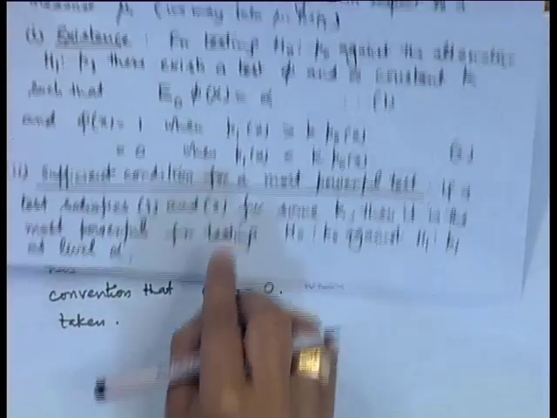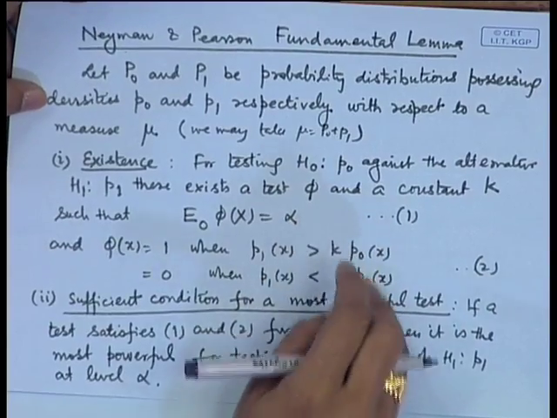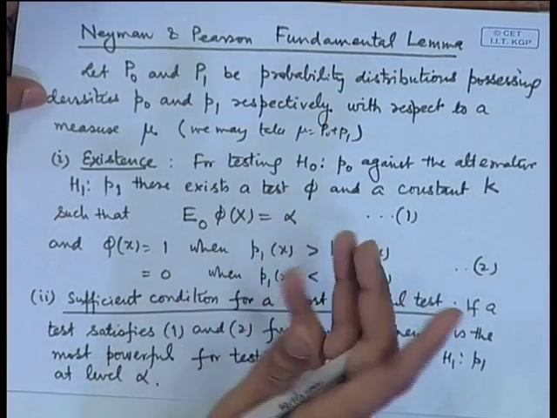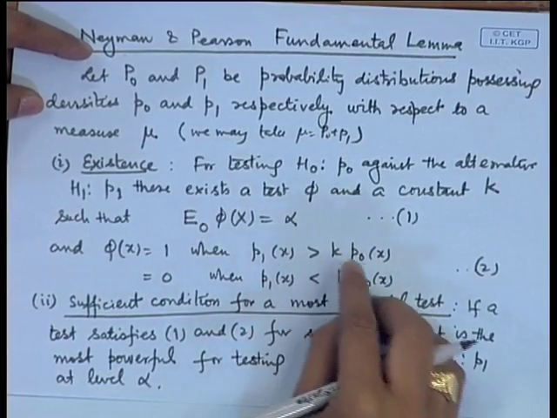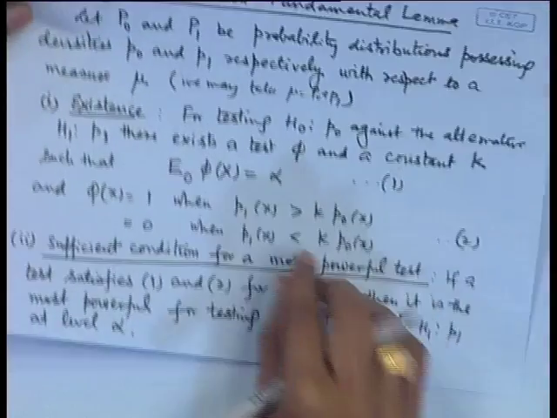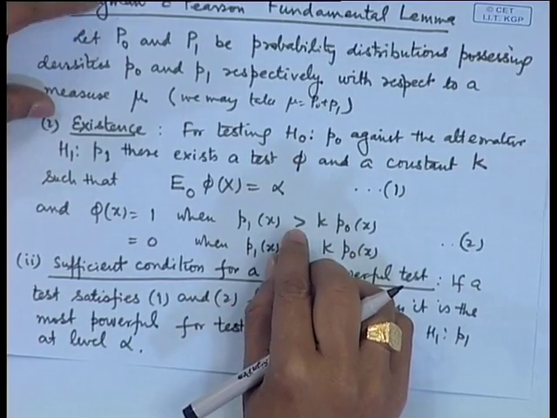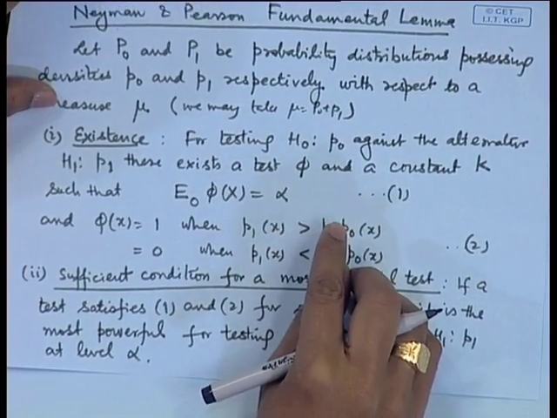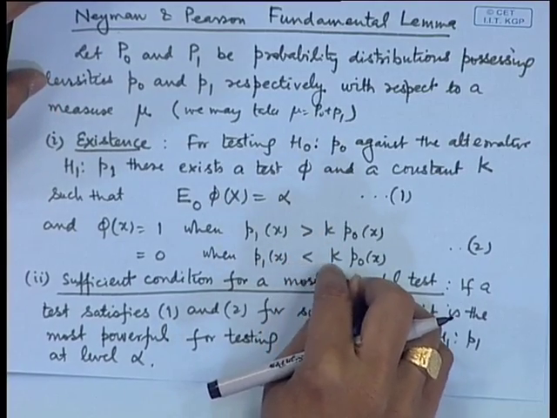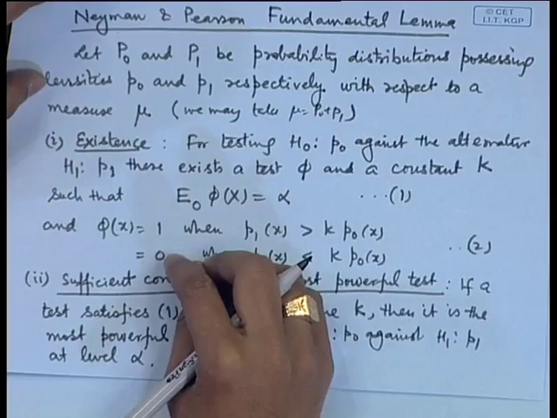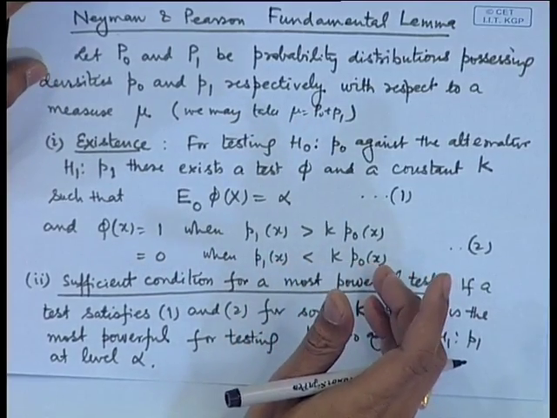So, the probability of type 1 error will become 0. This condition is also satisfied and the whole thing is true, because the probability of type 2 error, that is the probability of accepting H naught, will become 1, because you are always accepting. So, the power is 1. Naturally it is the most powerful test.